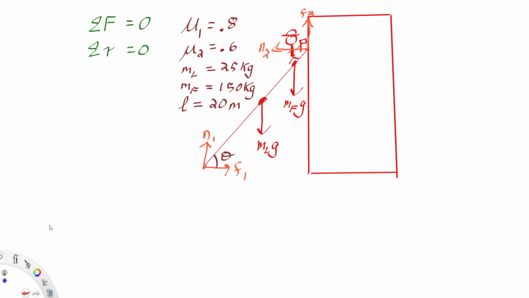We're going to start with Newton's second law for forces. So sum of forces equals 0. Oh, actually, Braden Graham, excellent point. We need to define our coordinates. How about up and to the right? There we go.